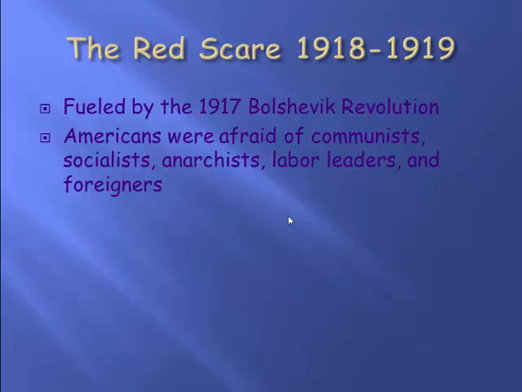Now, you can't prove someone's a communist, but that's what we're afraid of. Also, there were some countries who were really leaning towards some socialistic kind of thoughts, and we're afraid that those people are going to spread bad ideas in the country. So we're afraid of people living in America who are going to spread anti-American ideas. And that is the Red Scare.